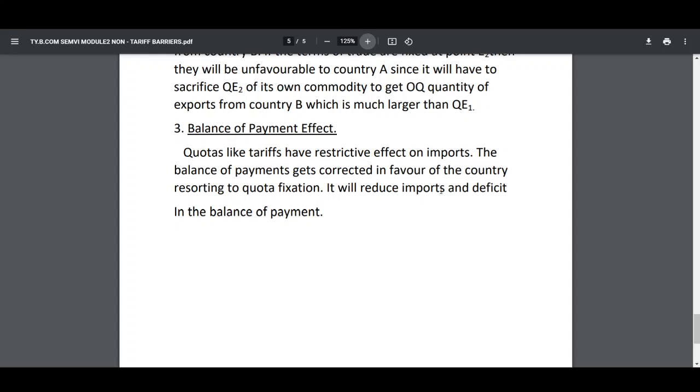It will reduce imports and the deficit in the balance of payment. So the government is imposing quotas and tariffs for controlling imports and to conserve foreign exchange.